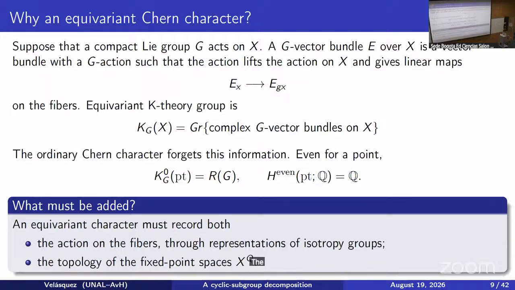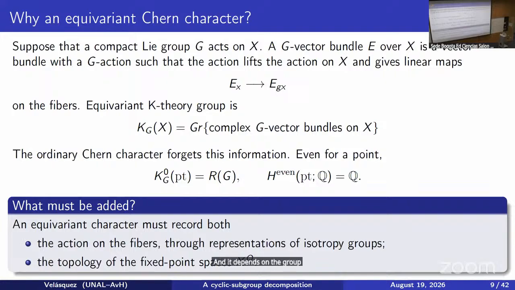Then the equivariant K-theory of a point is just this ring. It is the representation ring. What is the representation ring? It's the same thing, but here we put G representations. Okay, and it depends on the group.